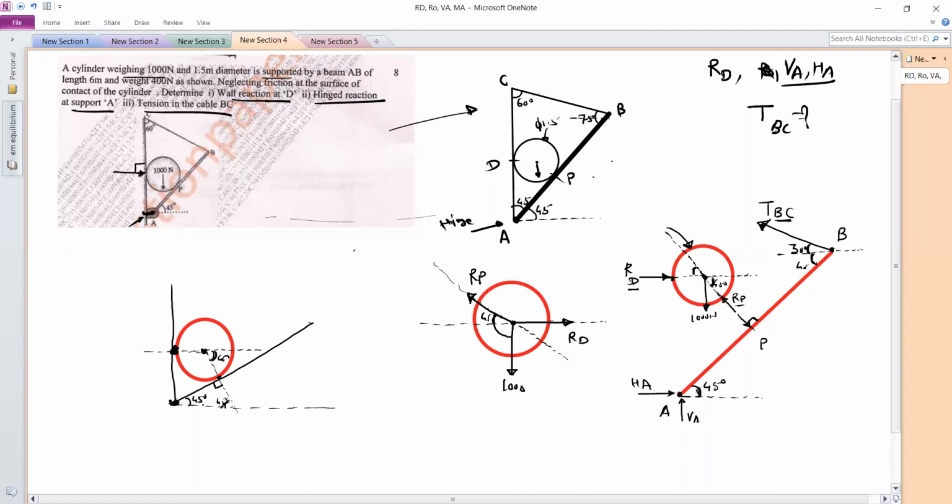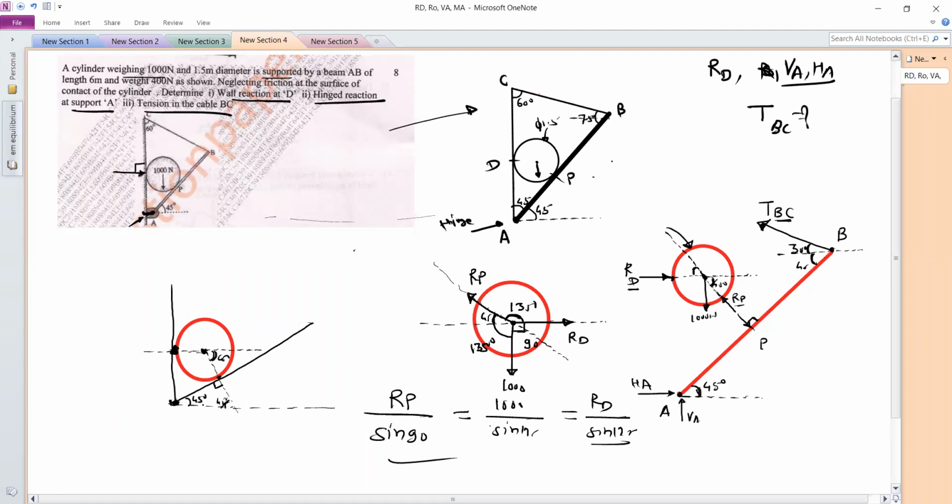So this total angle is 90 plus 45. So this is 135 degree. This is 90 degree. And this remaining angle will be 360 minus 135 minus 90. So this is also 135. Okay. Now you use Lami's theorem. So your equation will be reaction RP upon sine 90, this is equal to 1000 upon sine 135, that is the sine of opposite angle, and reaction RD upon sine 135. Okay.